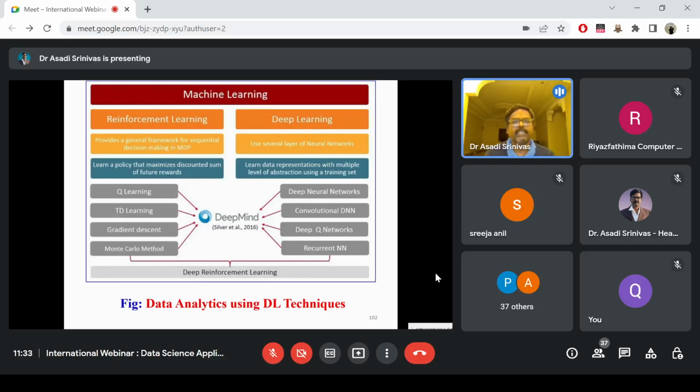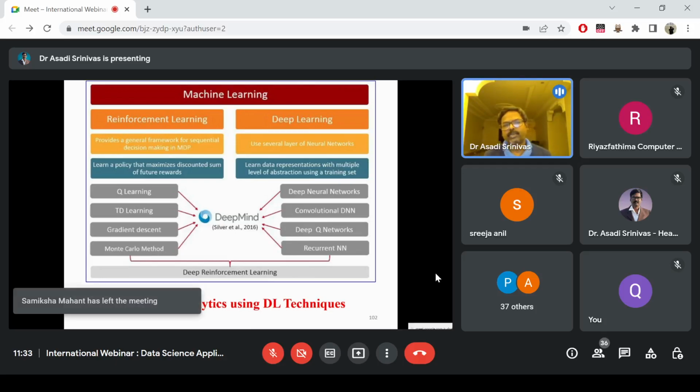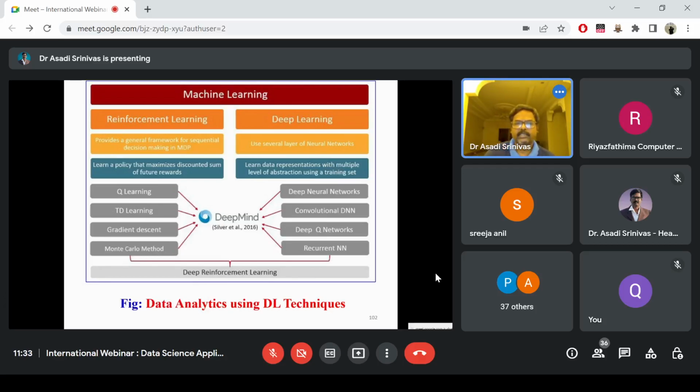We are using reinforcement learning. Provides a general framework for sequential decision making in MDP, multi-layer dynamic programming, and use several layers of neural networks. Learn a policy that maximizes discounted sum of future rewards. In deep learning, learn data representation with multiple levels of abstraction using a training set.